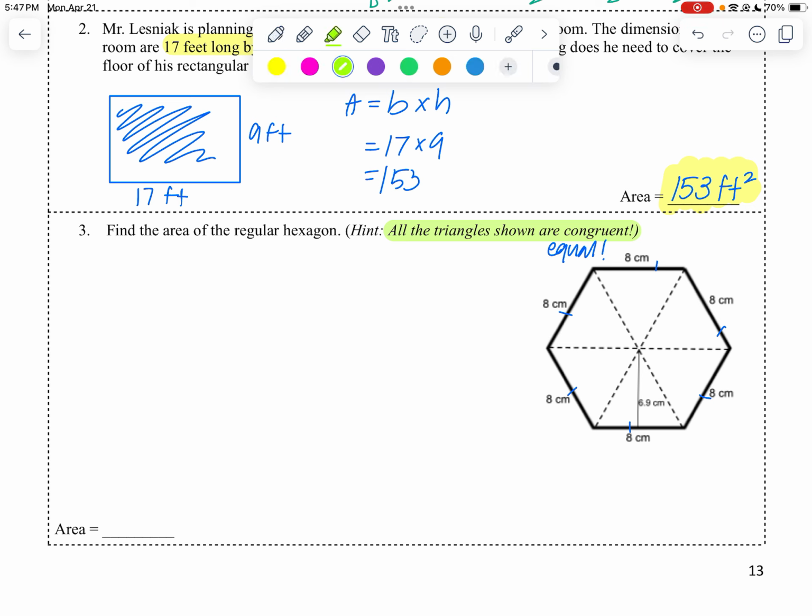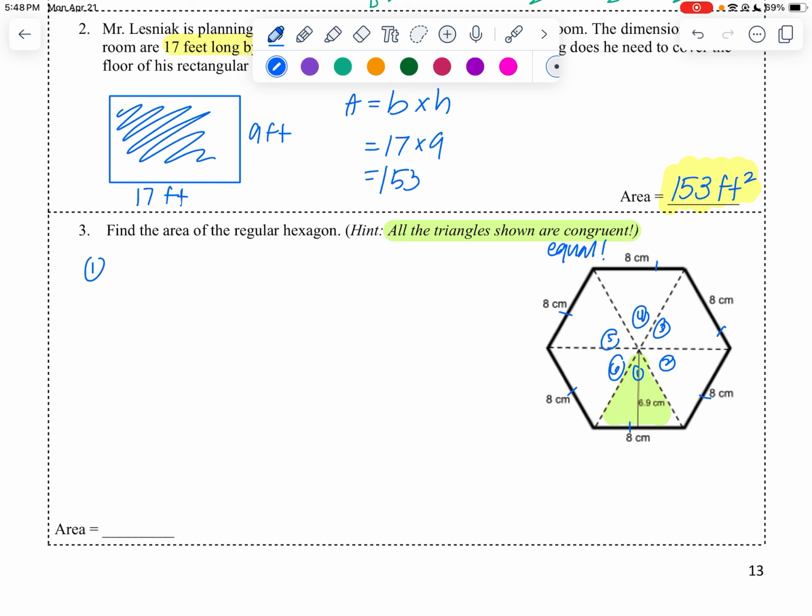The way that we approach this problem is that we just have to find the area of one triangle, and then multiply it by how many triangles are within this hexagon. There's 1 triangle, there's 2, there's 3, 4, 5, 6. There's 6, so we'd have to multiply it by 6.